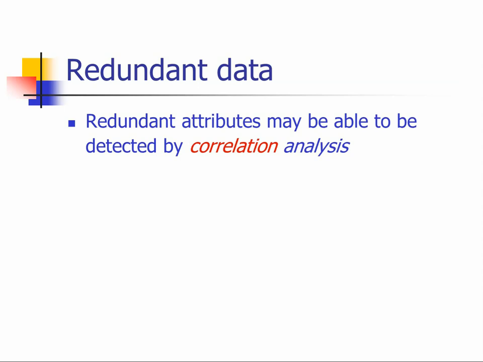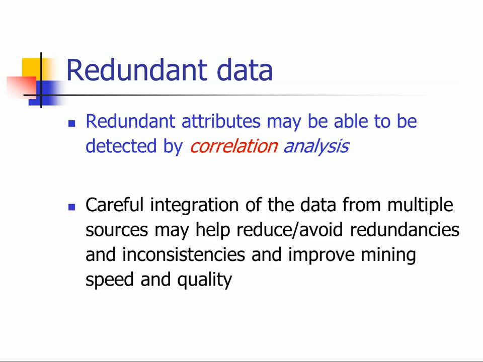So that's something we would use in terms of removing redundant data. Careful integration of the data from multiple sources may help reduce or avoid redundancies and inconsistencies, so that we can improve data mining quality as well as the speed of the operation. So this is also a very important stage in data preprocessing.